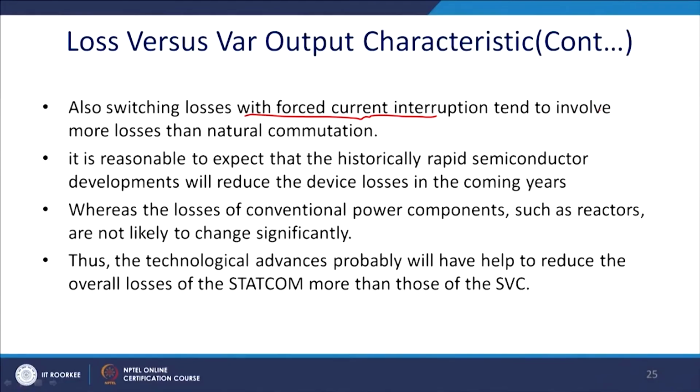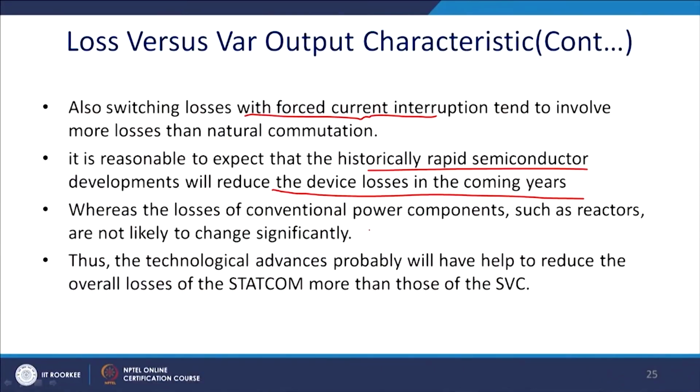So, turn-off loss will be there. It is reasonable to expect that historically rapid semiconductor development will reduce the device losses in coming years. That is what I was saying, that we may actually have silicon carbide devices and other modern devices that may change this statement, whereas the losses of conventional power components such as reactors are not likely to change significantly.